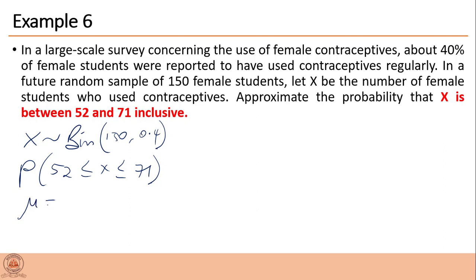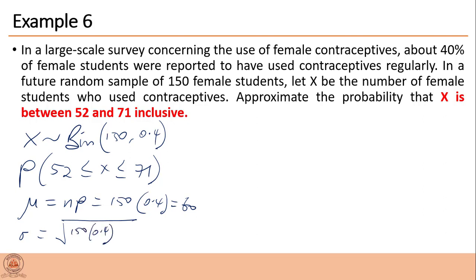So we simply have to estimate our mean, which equals np, and n is 150, p is 0.4, and this will give us 60. Then again, we estimate our standard deviation, which equals the square root of 150, our sample size, times 0.4, the probability of a success, times 1 minus 0.4, the probability of a failure, and this should give us 6.